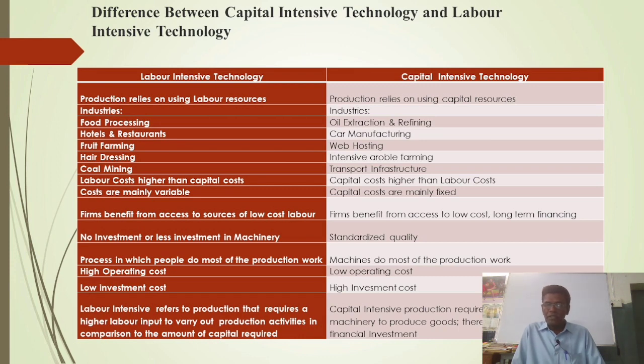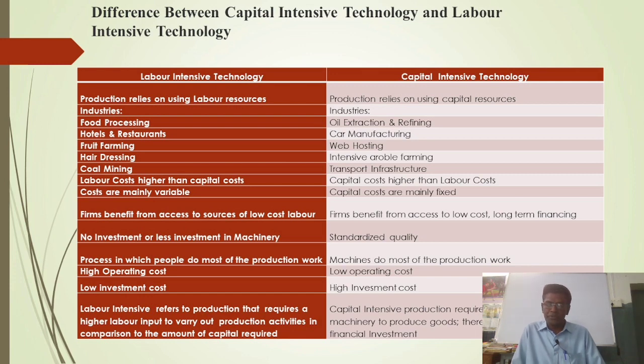Capital costs are higher than labor costs in capital intensive technology. In labor intensive technology, the costs are mainly variable, whereas in capital intensive technology, capital costs are mainly fixed.